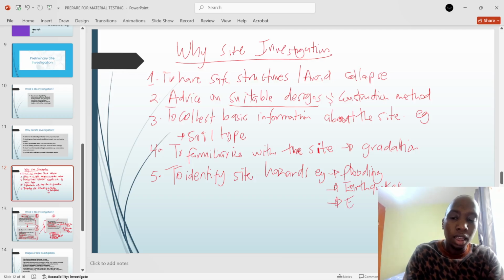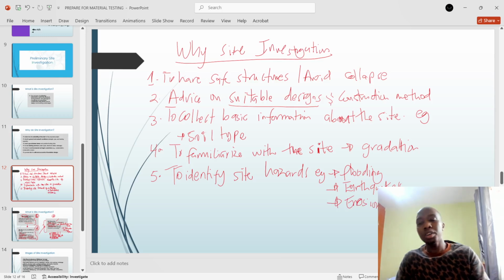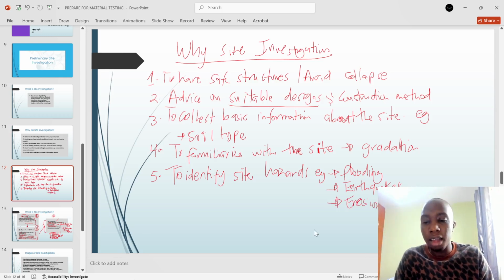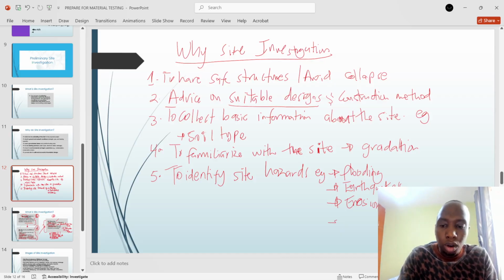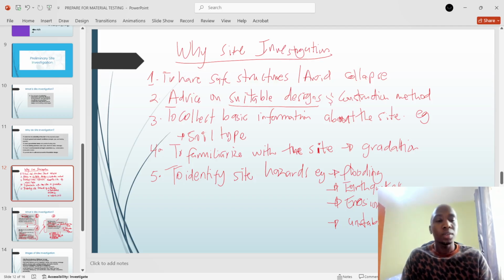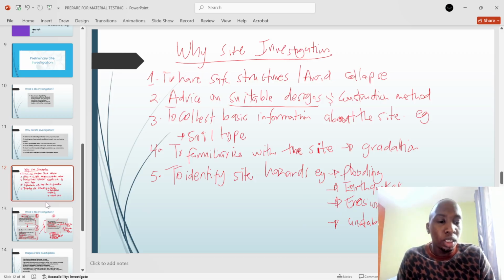Yeah, erosion. Very good. Flooding, earthquakes, erosion, unstable soils. Very good.